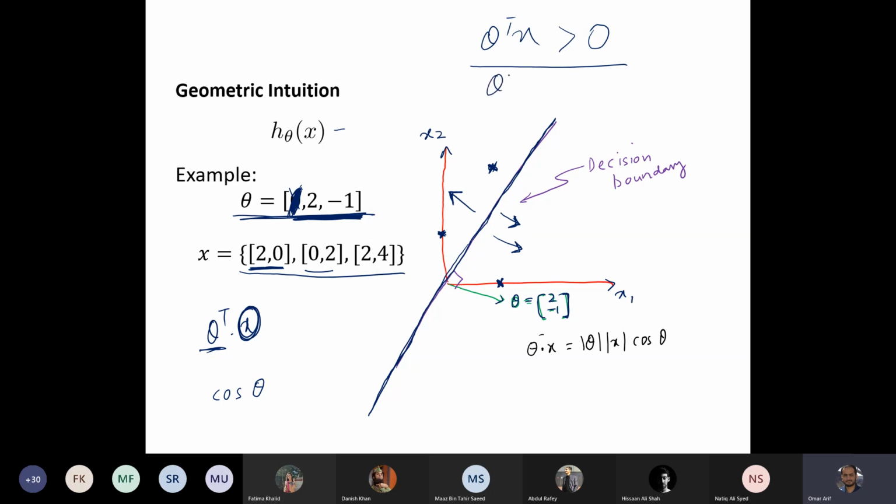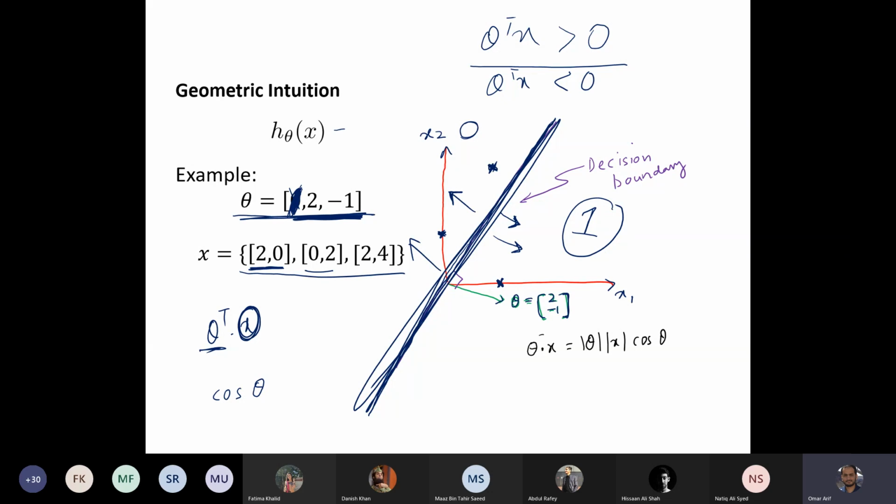So if theta transpose x is negative, then my prediction will always be less than 0.5. So anything that lies on this side would be assigned class 0, क्योंकि उसकी prediction वैल्यू probability 0.5 से कम आ रही है. Anything that lies over here will be assigned class 1, क्योंकि that value is greater than 0.5. And this line over here, this is the decision boundary.